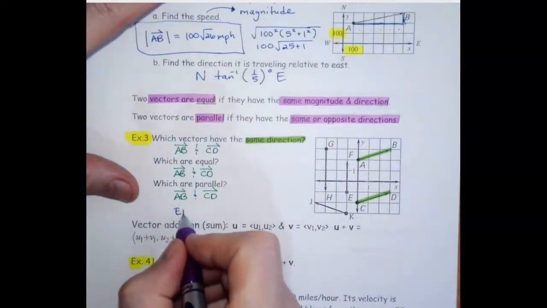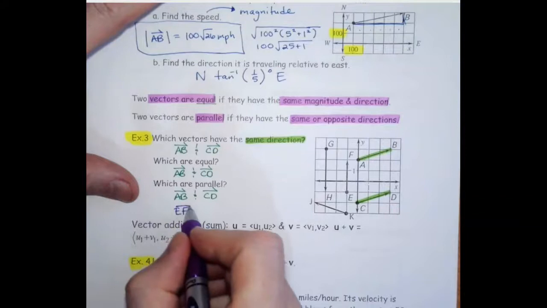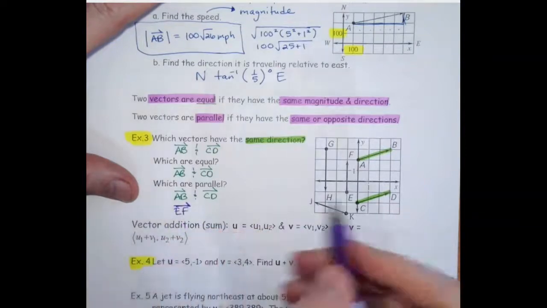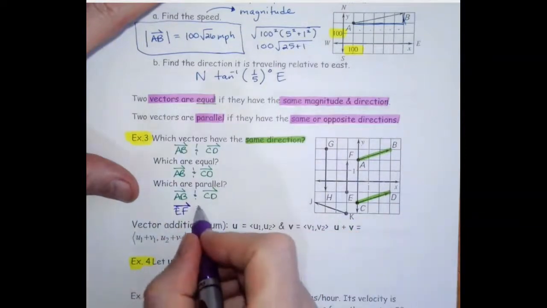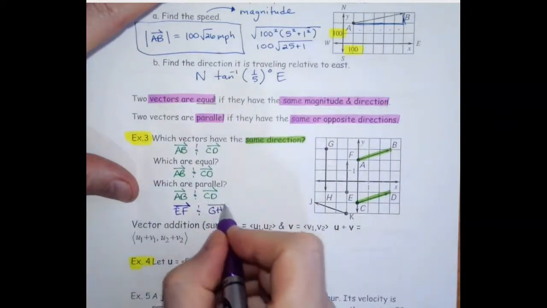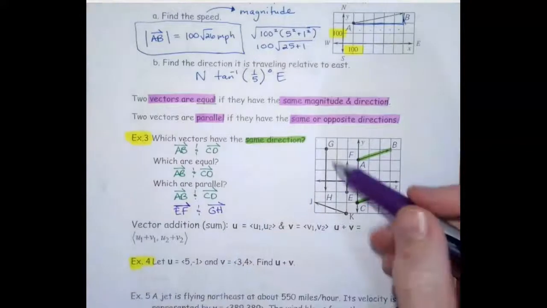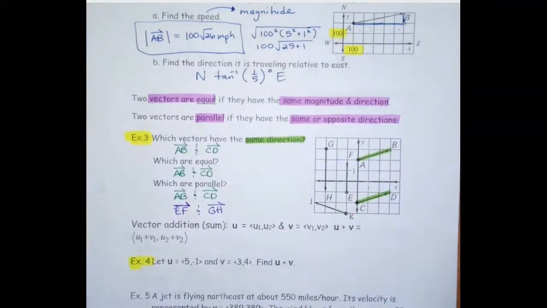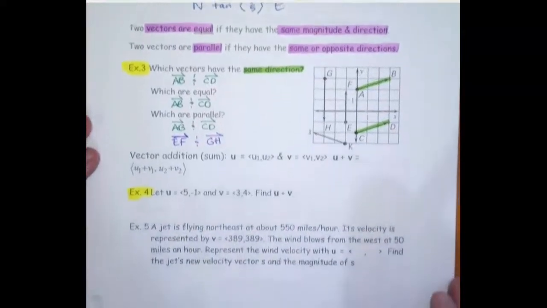So vector EF, because it starts at E and goes to F, and vector GH are also parallel because they are in opposite directions. Okay, and let's wrap this up.